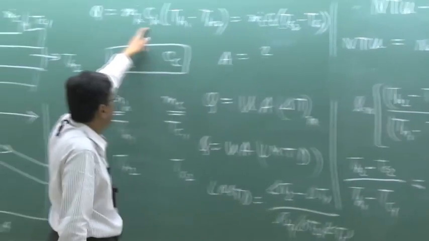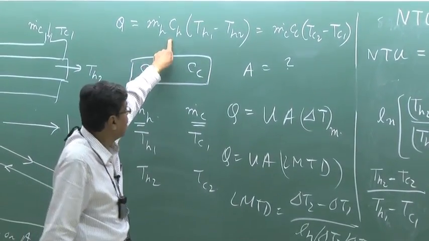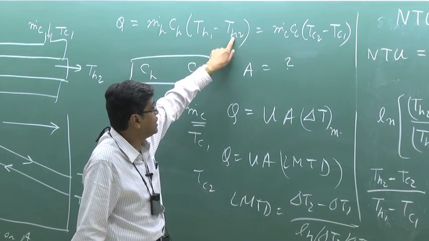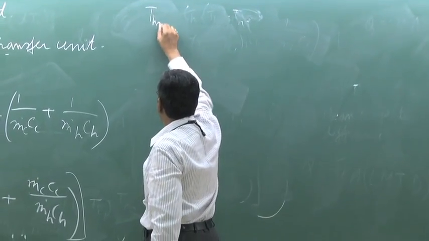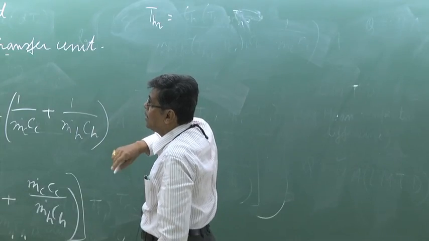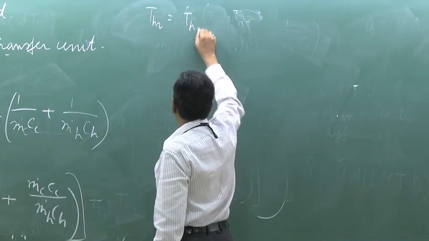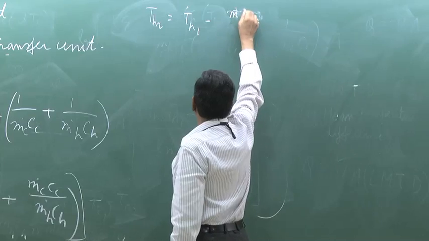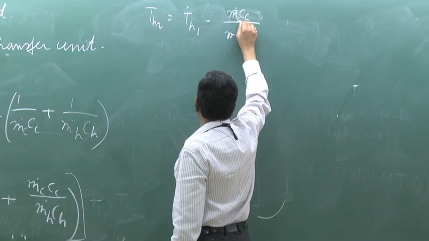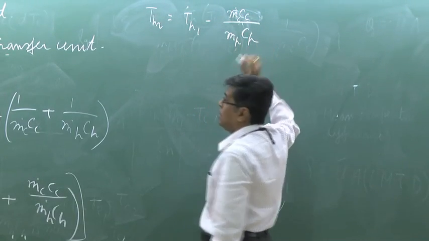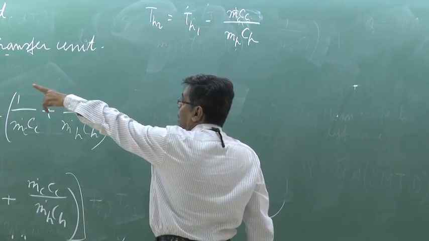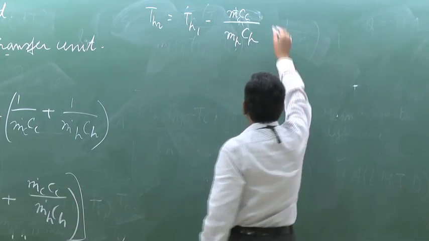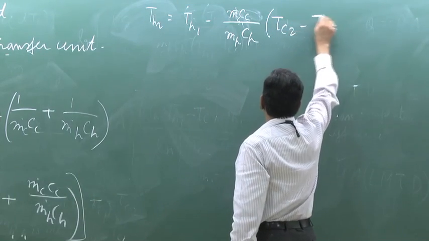Now here this equation is always used. What we will do is express TH2 in terms of TH1. Write that TH2 is equal to TH1 minus (m dot Cc divided by m dot Ch) times (TC2 minus TC1).